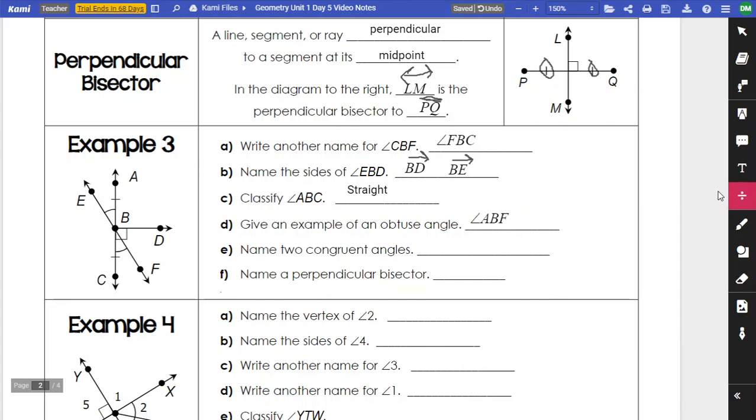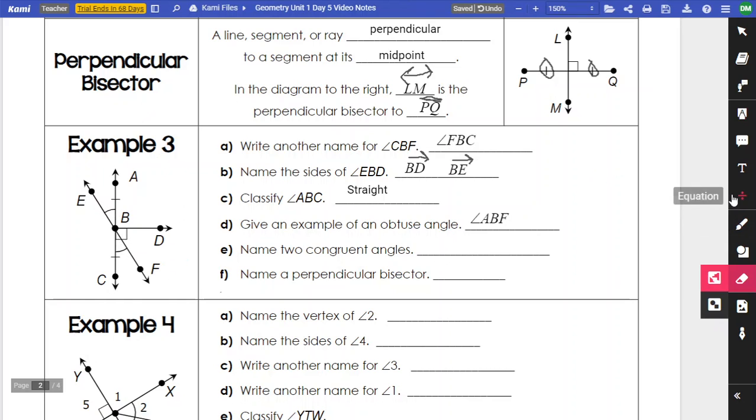Name two congruent angles. All right, there's a couple options we've got here. The first one is that right angles are always congruent. So we could find two right angles and that would be right. The other thing is we've got these arc symbols here, and that is how we show that we have congruent angles.